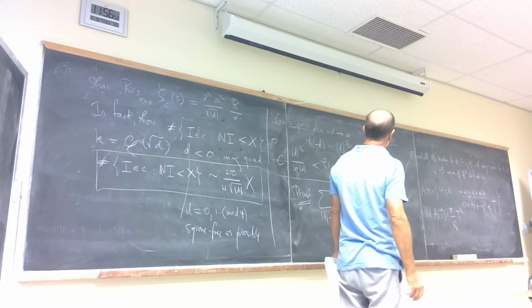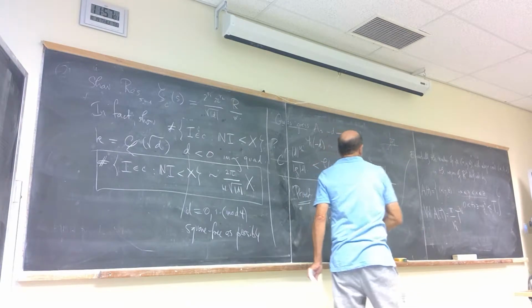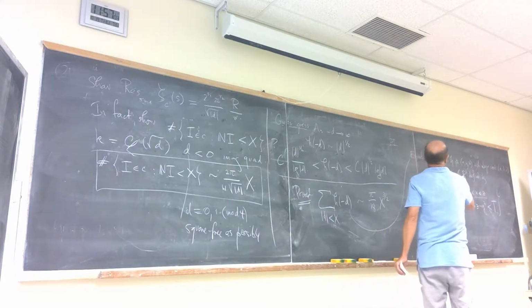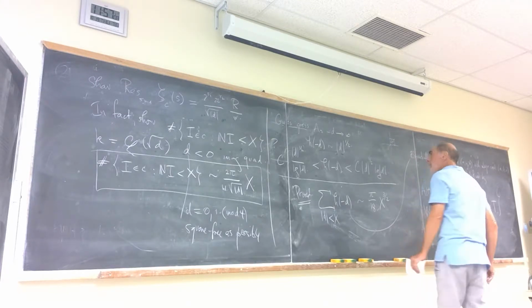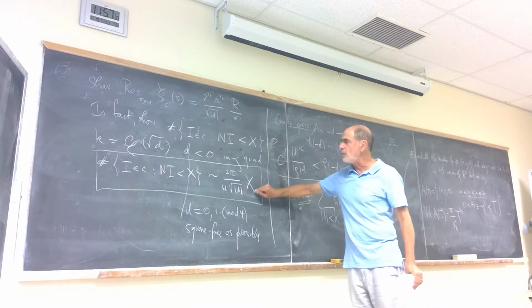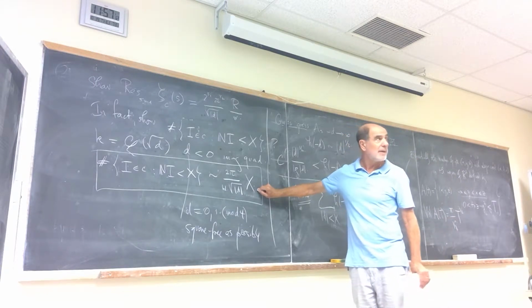And so this way of counting integer points by calculating volumes of regions and estimating them by the volume of the region is the beginning of the geometry of numbers, which is what Dirichlet is going to use to prove this estimate.